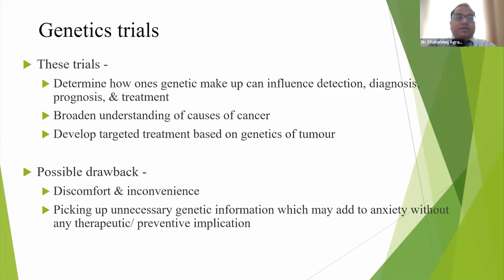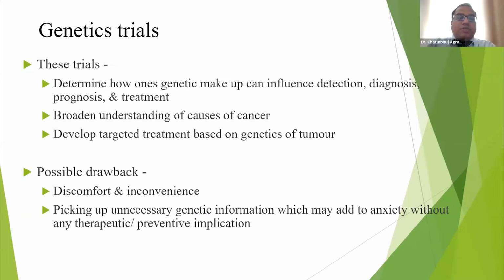Apart from that, there are genetic trials. These trials determine how one's own genetic makeup can influence detection, diagnosis, prognosis, and treatment. It broadens the understanding of the causes of cancer, and it also helps in developing targeted treatment based on the genetics of the tumor. We are all aware of the numerous BRCA studies which have been done.